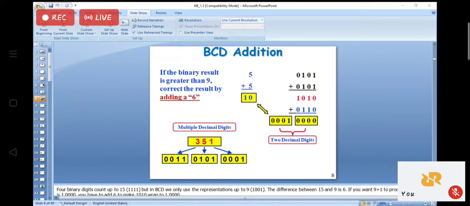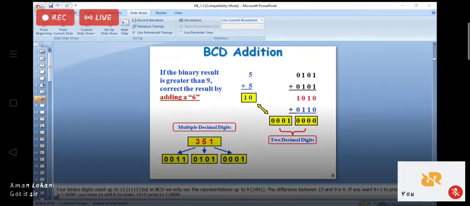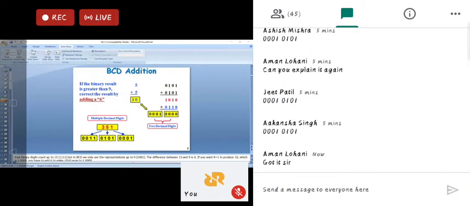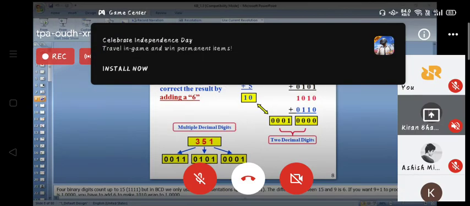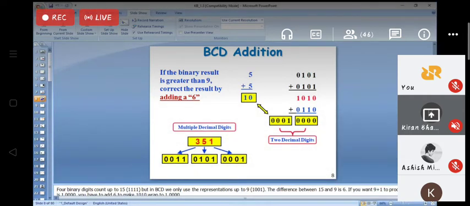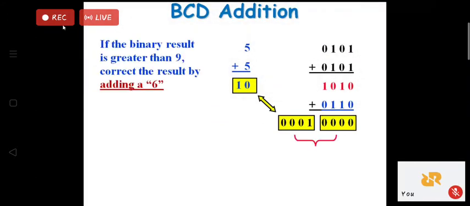Feel free, I don't mind. I'm there to clarify your doubts. Okay, almost done. Everyone has understood. Very good. So let us move further without wasting more time, as everyone has understood by now.